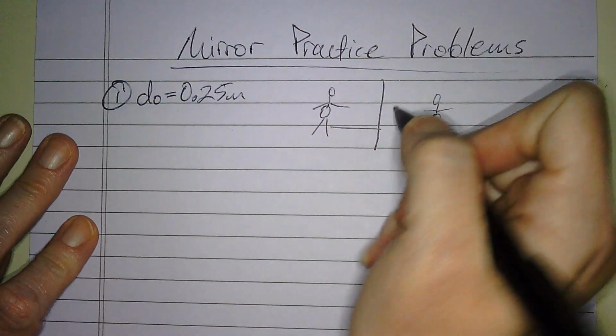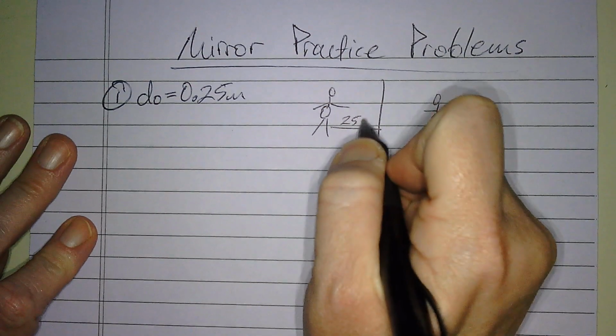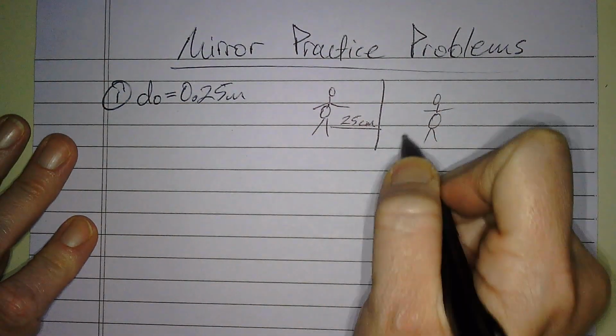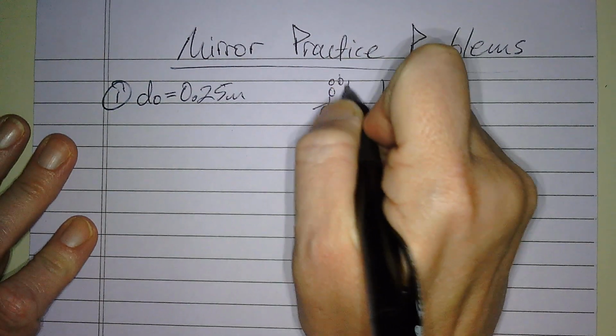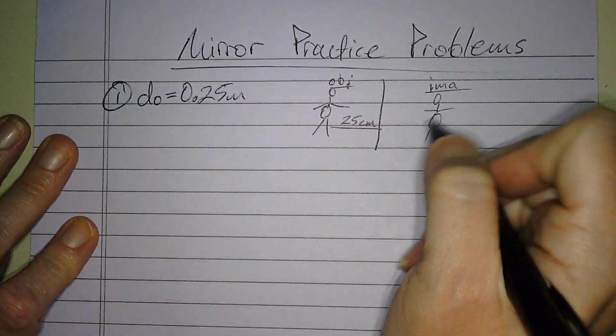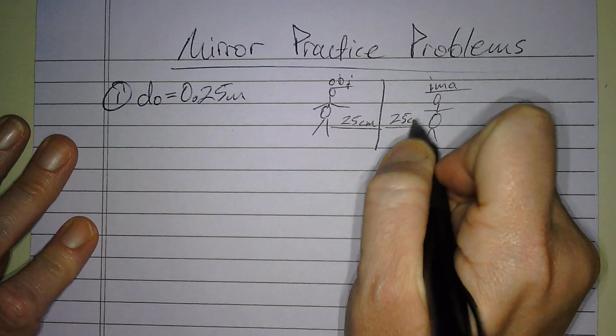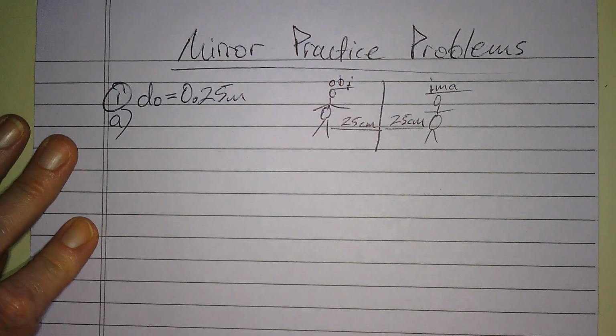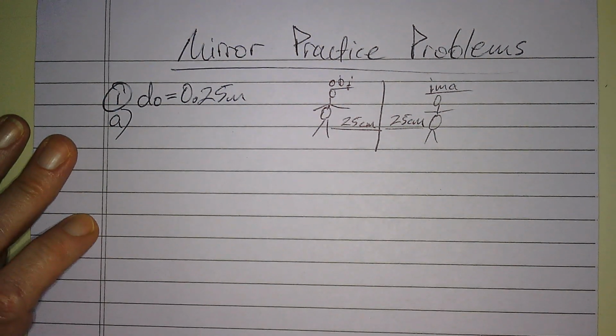So if they are 25 centimeters away in front, then their image is 25 centimeters away. So in part A, it asks, where is the image?